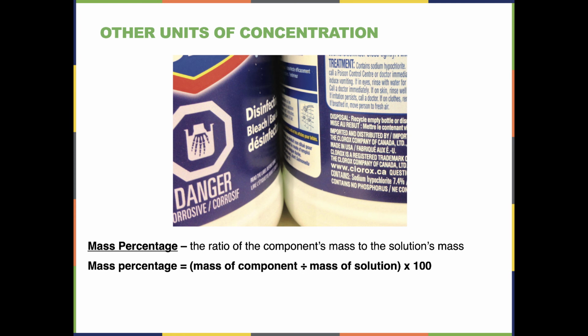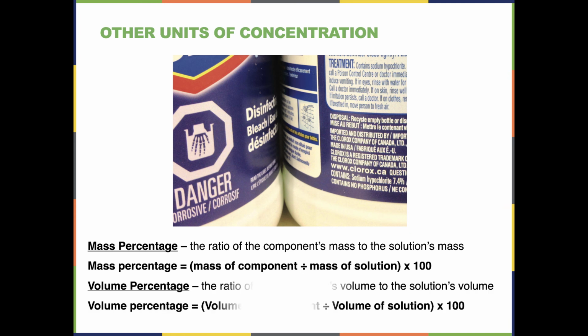For example, if something is 5% by mass dextrose, then that means it has 5 grams of dextrose to every 100 grams of solution. 5% means the mass, which would be, say, 5 grams divided by 100 grams of solution times 100.